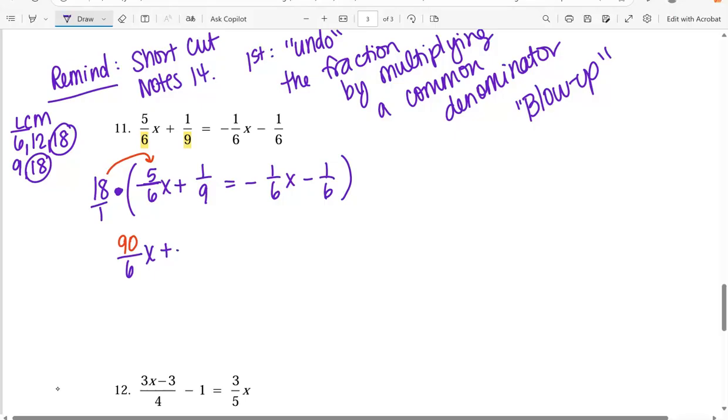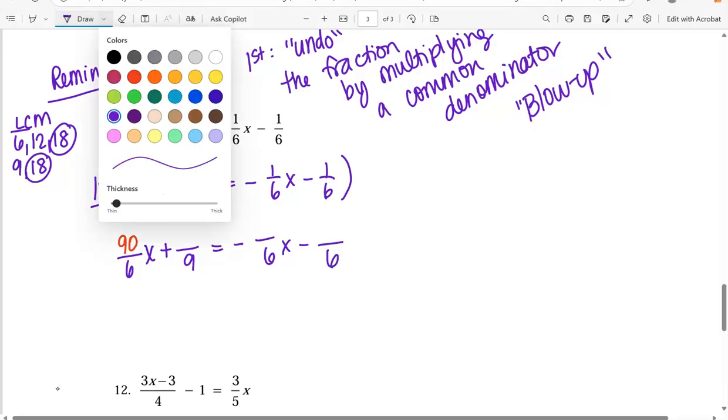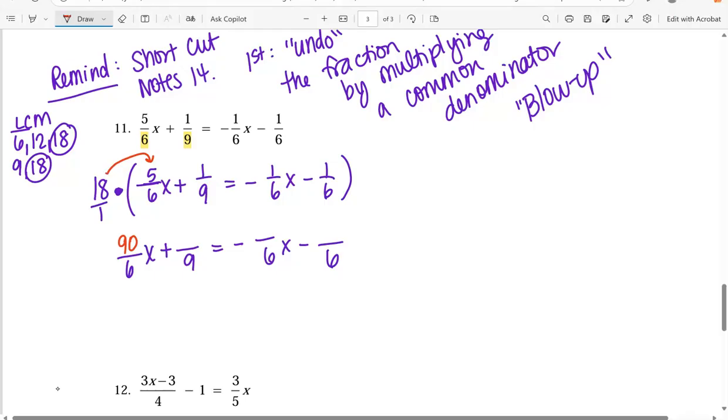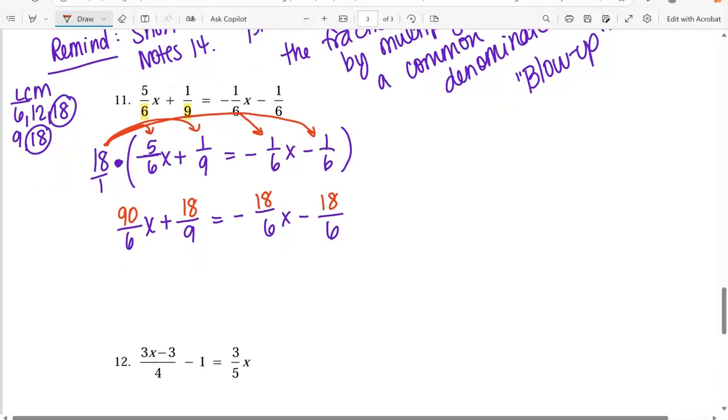Only the top's going to change. So the denominator, the equal sign, the signs, all of this is going to stay the same. The only thing that's going to change is when I distribute, when I multiply that 18 in, 18 times 1 is 18. Only the tops of the fractions will change.